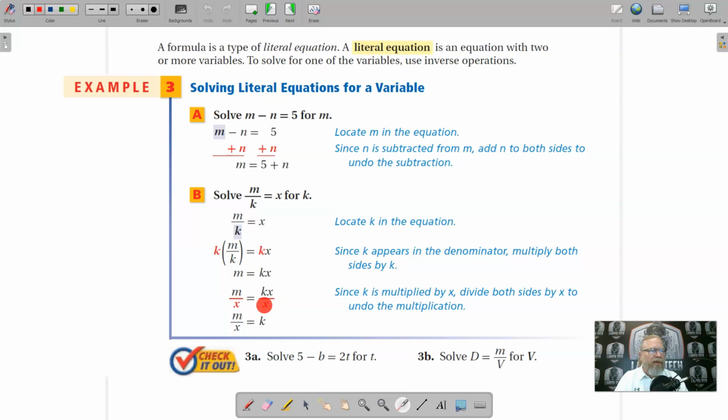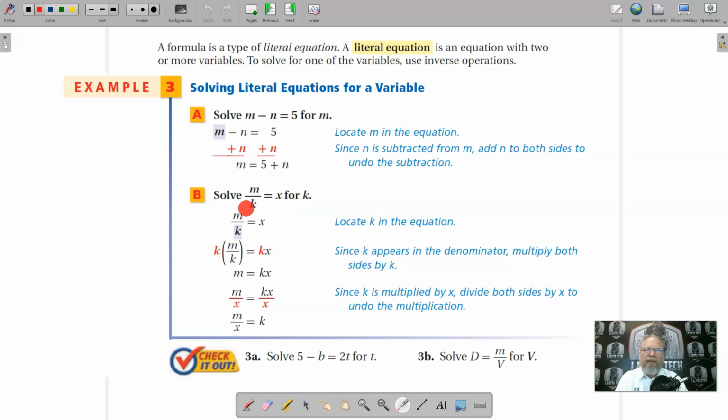The x's are going to cancel each other, leaving us with just k on the right. And we now have m over x on the left, so k equals m over x. So we've taken m over k equals x, and we solved for k, and got that k is equal to m over x.